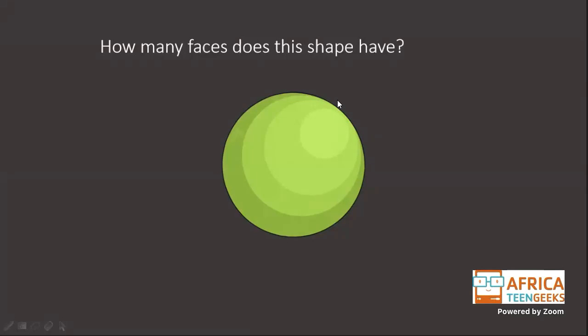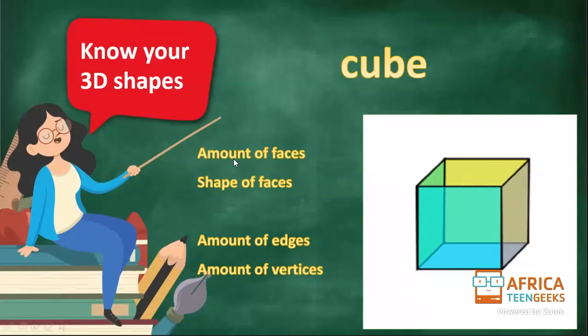So depending on what your teacher says, but most of the textbooks, most of the teachers agree that the answer they will accept is 1 face, a curved face. Depending on your definition of a face, right?